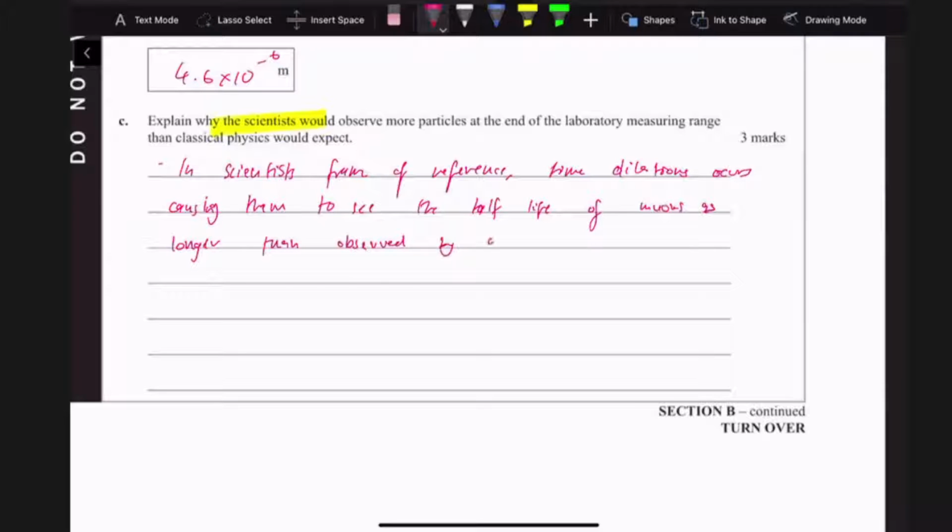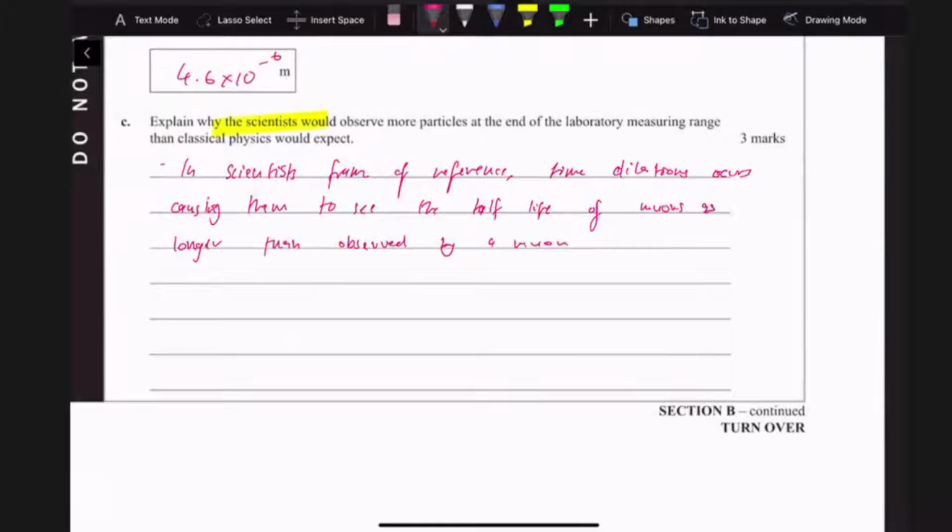So that's proper time. And then you have to link that to the question.